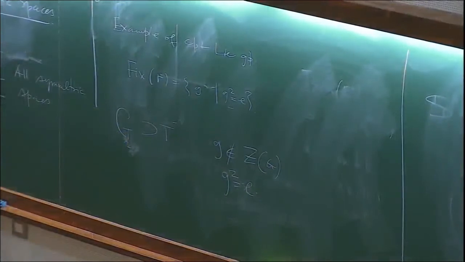A maximal torus in a compact group: what is a torus? A torus is a product of copies of S1, S1 cross S1. S1 is a compact Lie group, the circle group. S1 cross S1 cross S1 cross S1 is called a torus. So any compact Lie group has a subgroup which is of this type, and you consider the maximal one; they are all conjugate. Any element lies inside a maximal torus.